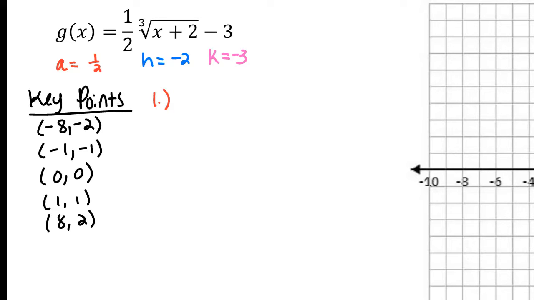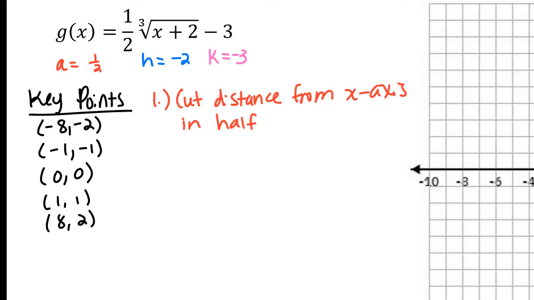We take the distance from the x-axis and cut it in half. And if it was negative, then we would flip it across the x-axis, but it's not in this case.